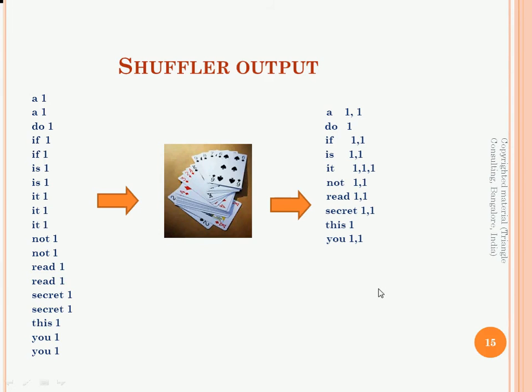So the reduce operation consists of three substages. The first substage is the sort, and then the shuffle, or the aggregator. The shuffle is also called an aggregation of duplicate keys. The final output of the shuffle phase goes to another module called the reducer.